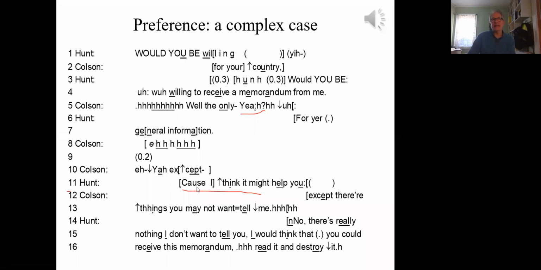So I'm saying that line 11 shows that the person who asked the request is hearing that the recipient, Colson, is not anxious to accept the request. It's hard to even say this is really an acceptance. He does say yeah in there, but it's more like, well, yeah, with rising intonation. Yeah, you know.